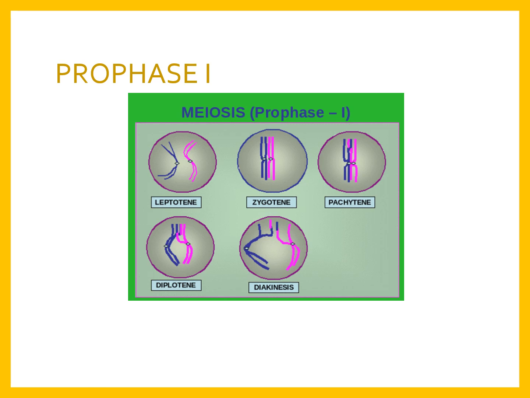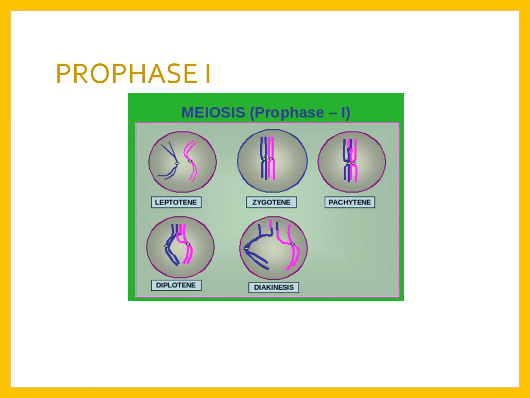In meiosis, there are two categories: heterotypic division as meiosis 1 and homotypic division as meiosis 2. In this heterotypic division, in the prophase stage there are 5 different stages: leptotene, zygotene, pachytene, diplotene and diakinesis.